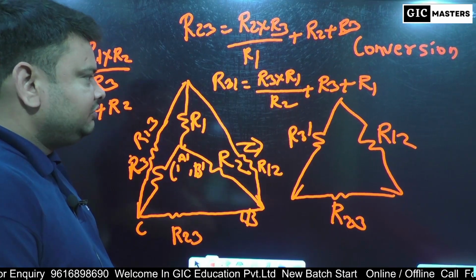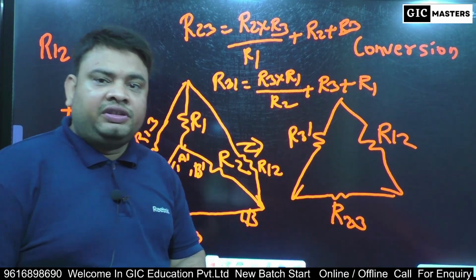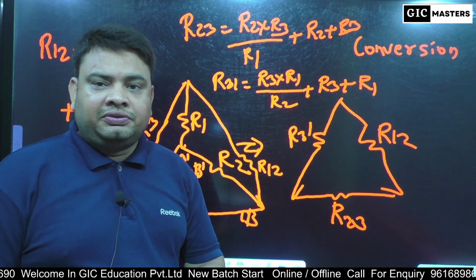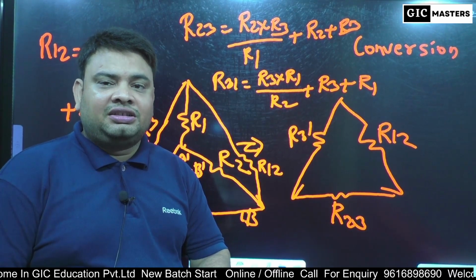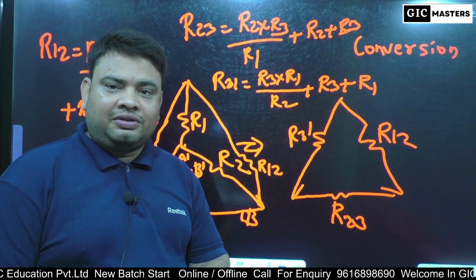Finally, today I discussed first what is an active element, what is a passive element, what is a unilateral element, what is a bilateral element, what is a unidirectional and bidirectional element, what is Kirchhoff's law.